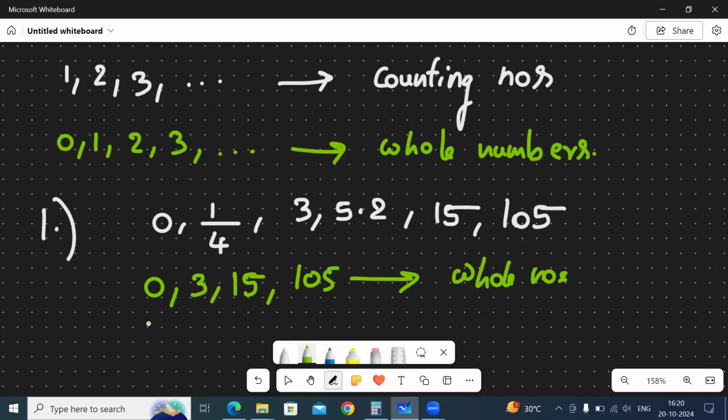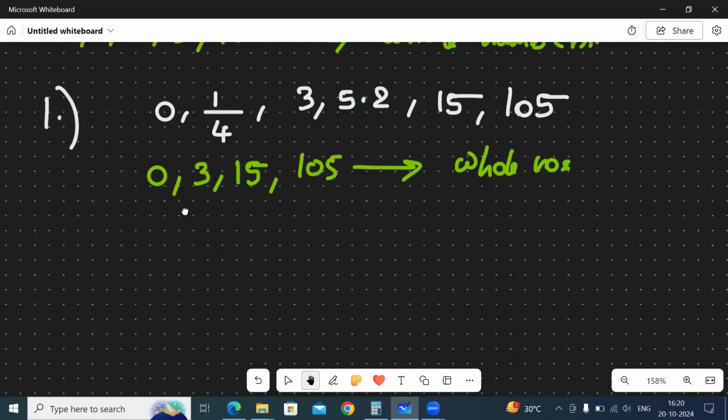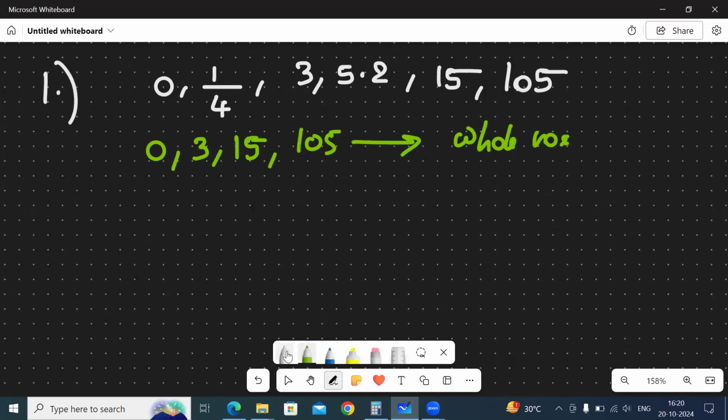Now, the other numbers, for example 3, 15, 105, I can also call counting numbers or natural numbers.